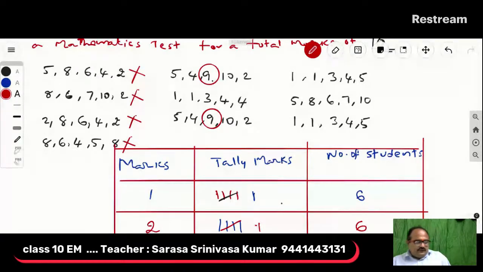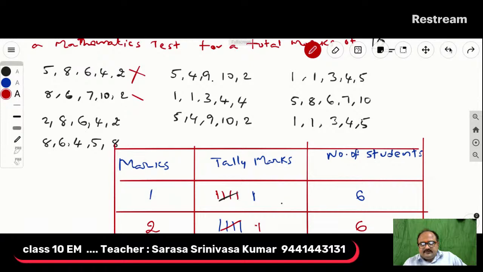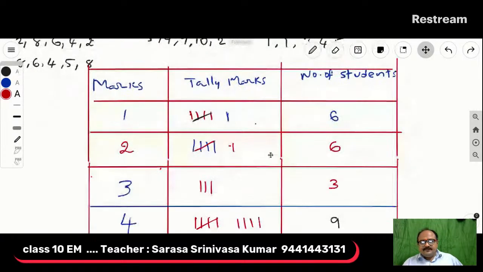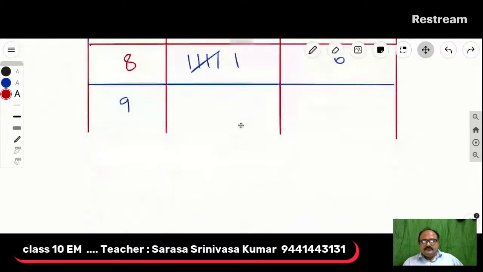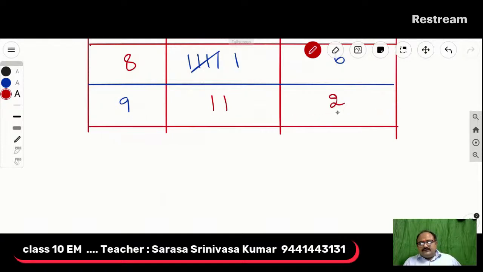So here two students got 9 marks. First student and second student. So we will note down the tally marks 2. That is 1, 2. So here students should learn how to write the tally marks.